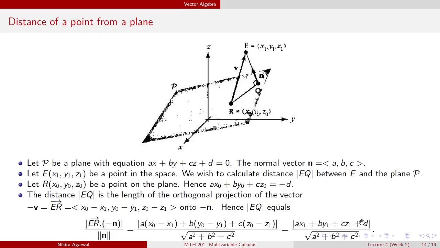And you divide by the square root of the squares of the coefficients, which is the length of the normal vector. So this is the distance of a point from the given plane. So let us stop here.